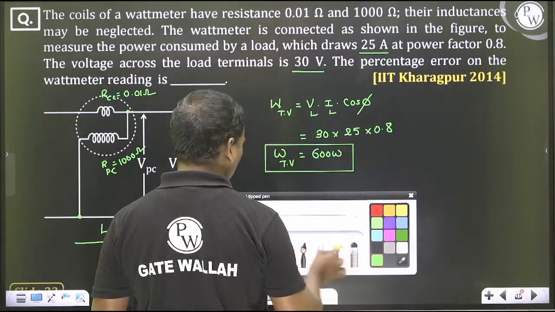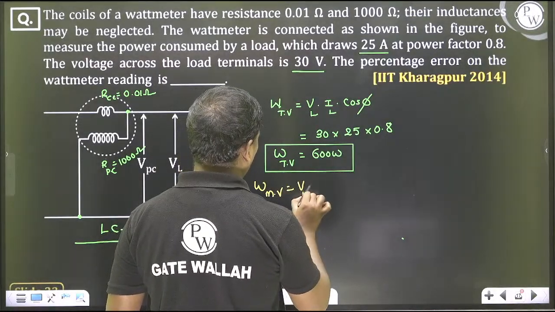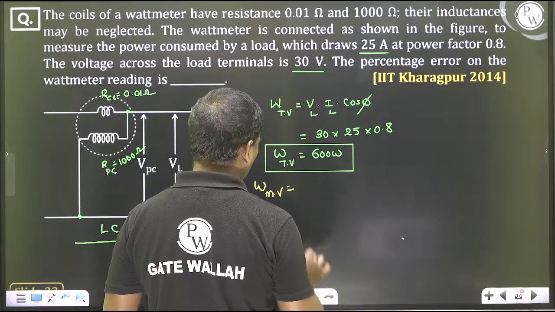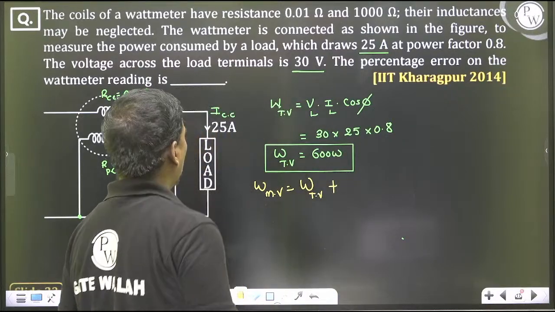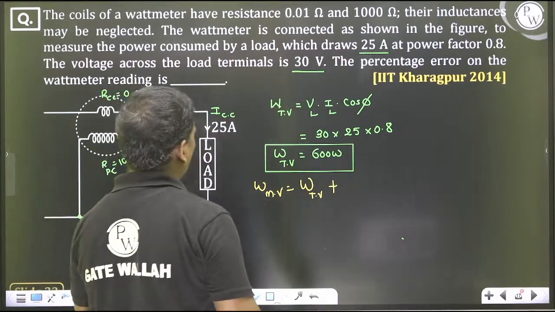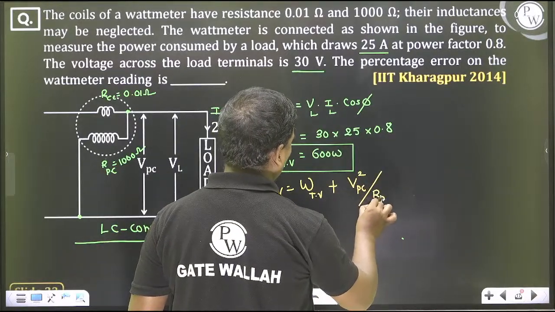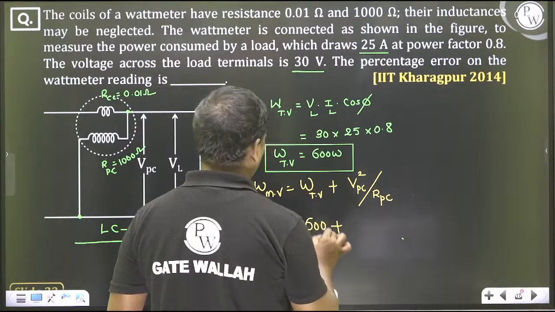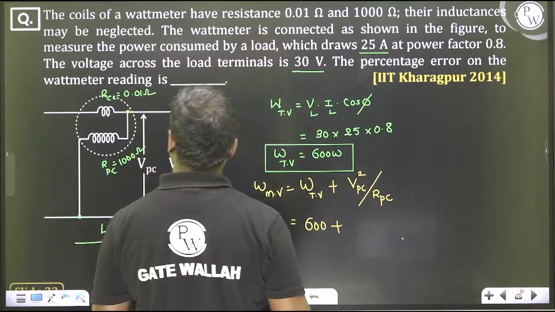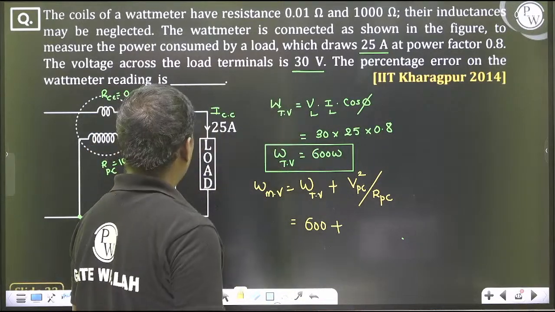The measurement value, if I take, this is VL. In addition to the true value, we have an extra power, that is V square by resistance of the pressure coil. So this is 600. V square means this is the voltage in the pressure coil.